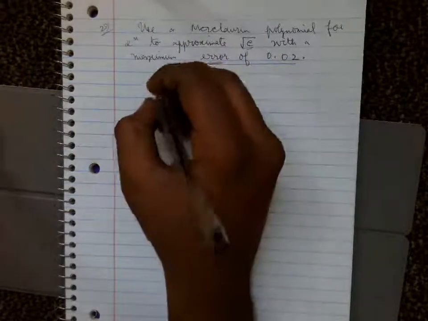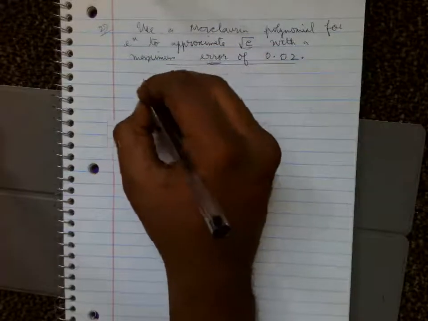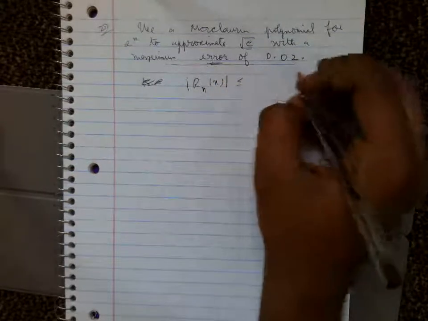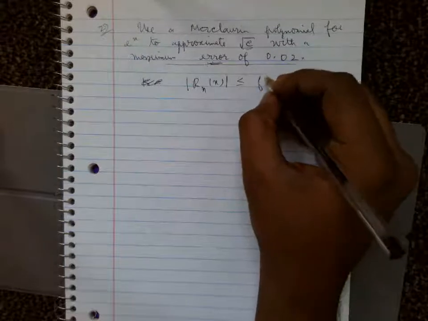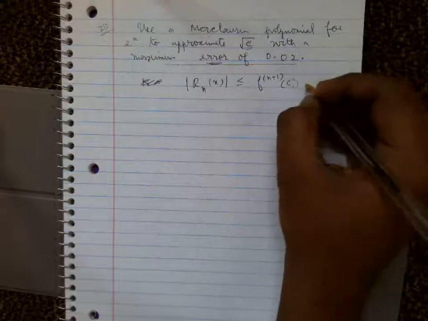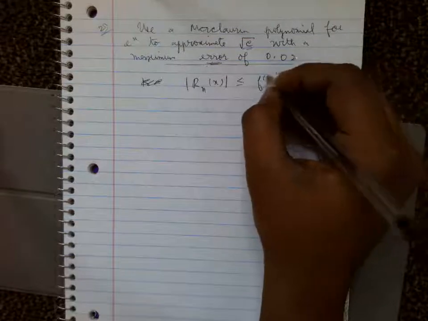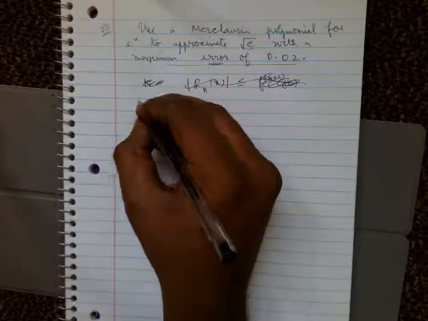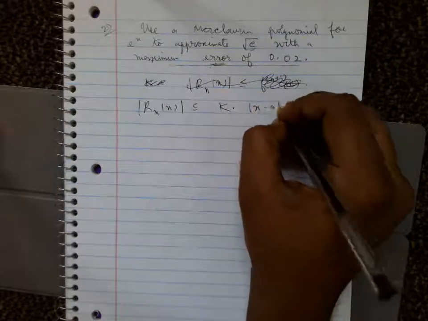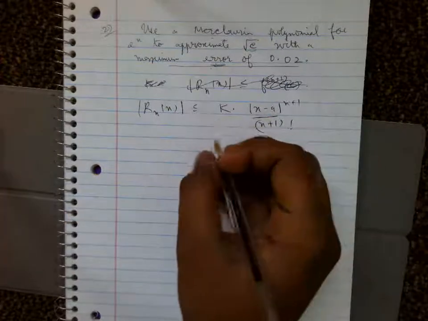The error is given by, sorry, modulus of Rn of x is less than or equal to k times mod x minus a to the power n plus 1, divided by n plus 1 factorial.